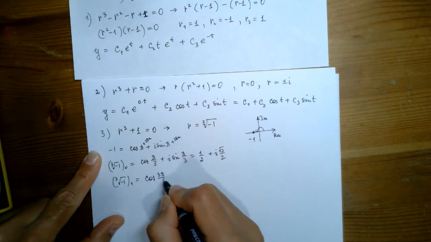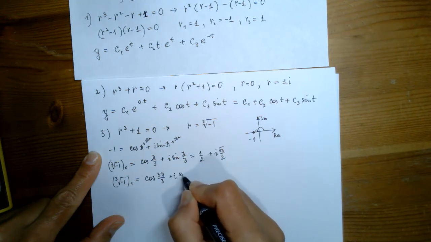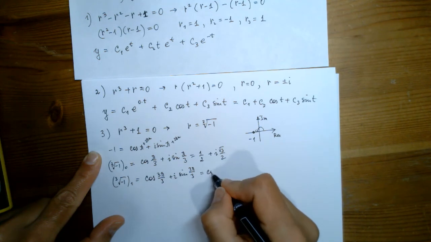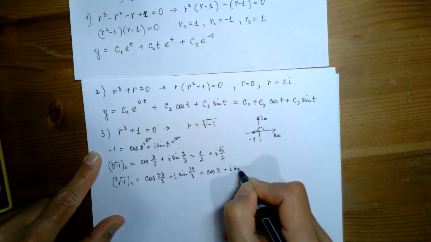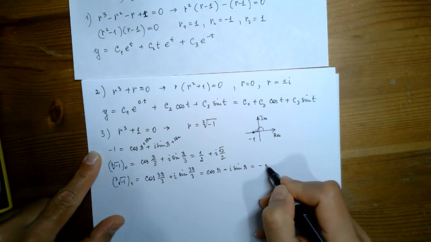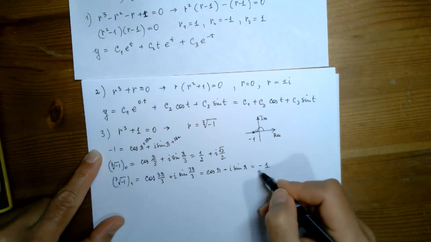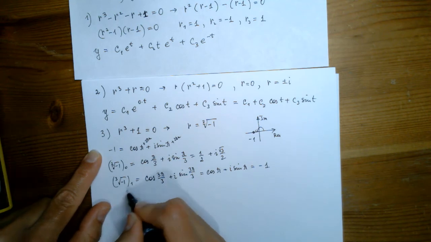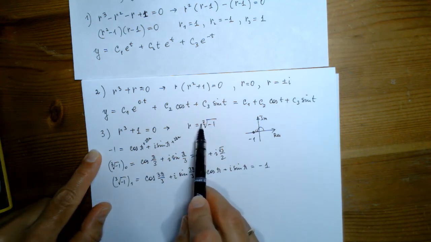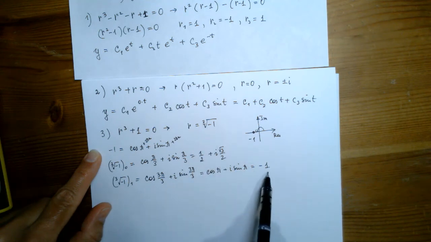So it's 3 pi over 3, i sine of 3 pi over 3. Well, 3 pi over 3 is going to be cosine of pi plus i sine of pi, right? Cosine of pi is equal to negative 1, sine of pi is equal to 0. So we have negative 1. And that's negative 1, which we usually consider as the principal root here, right? When we extract in algebra the cubic root of negative 1, we get this negative 1.